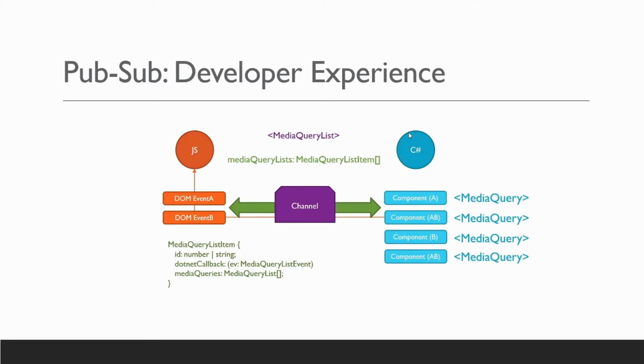And then when child components, media queries, are added to the application, they deduplicate their event handlers, and they also destroy their event handlers when they're removed from the application. When the user uses the APIs here, they're only interacting with components. They're not even writing any C# code.